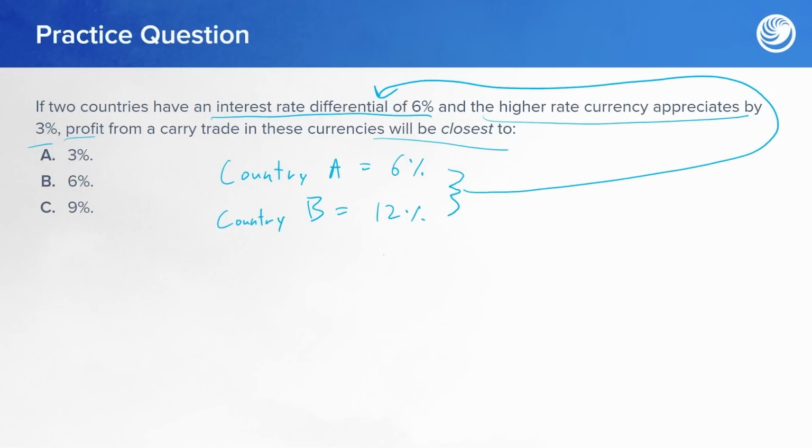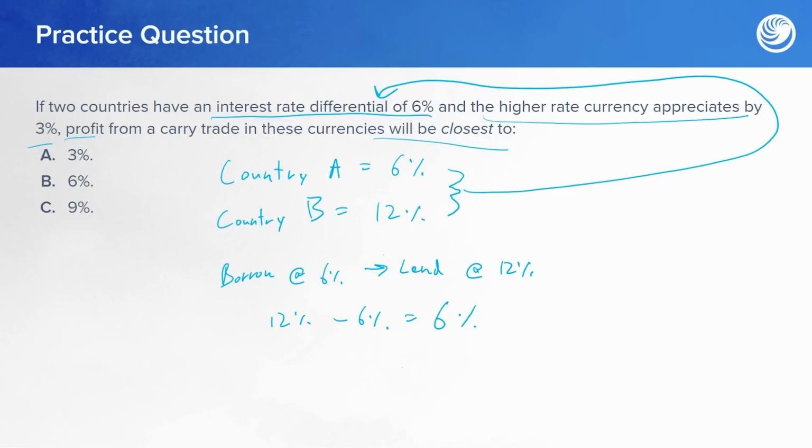Normally, we would expect the higher rate currency to depreciate, not appreciate. But in this case, the higher rate one is going to appreciate. So what is going to be our profit? Well, one component is that right now we're going to borrow at the 6% and then we'll lend at the 12%. Just from this borrowing and lending, we're lending at 12% and borrowing at 6%. That gives us that 6% ROI right then.